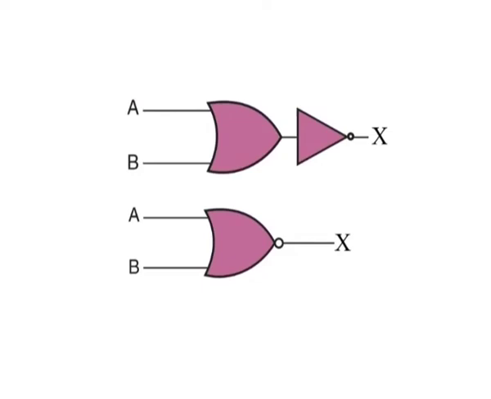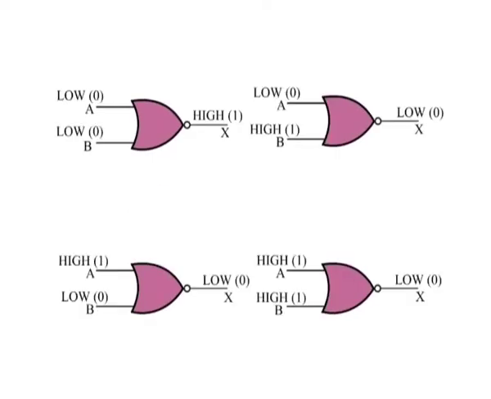A NOR gate produces a low output when any of its inputs is high. Only when all of its inputs are low is the output high. For a specific case of a two input NOR gate as shown in the figure, with the inputs labeled A and B and the output labeled X, the operation can be stated as follows.